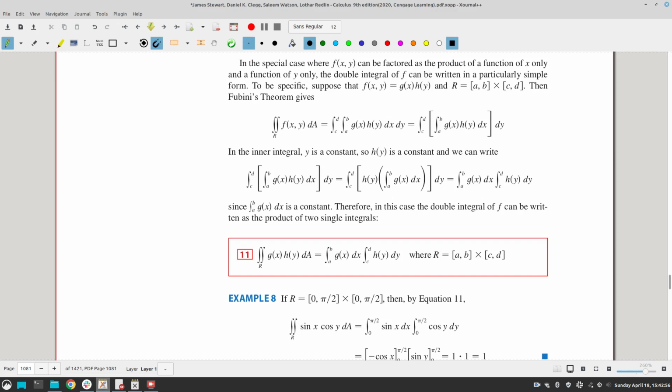So this is what you get when you can factor f of x, y into g of x times h of y. This is what you should get.